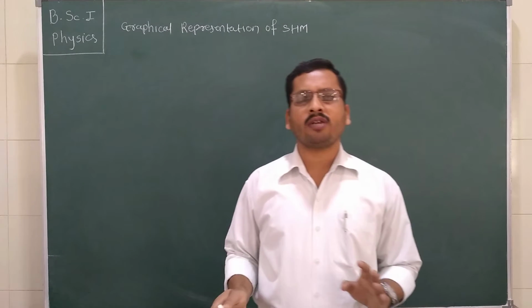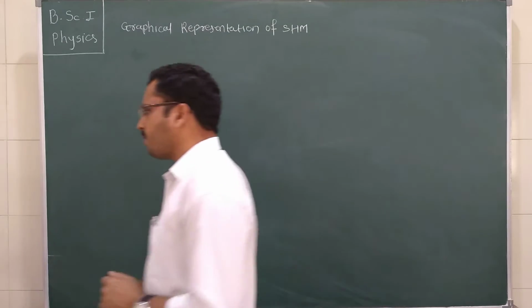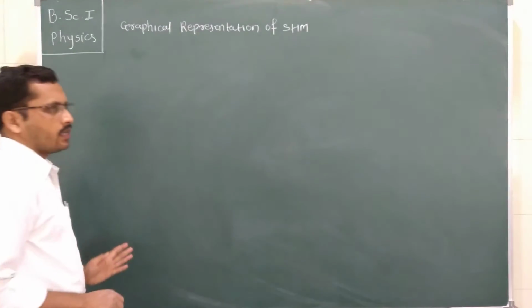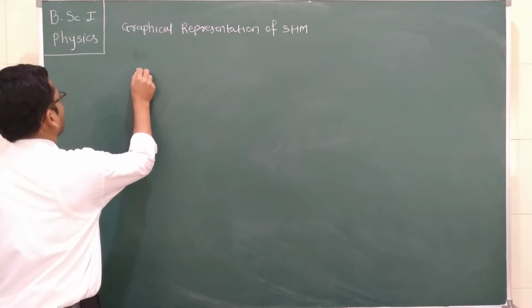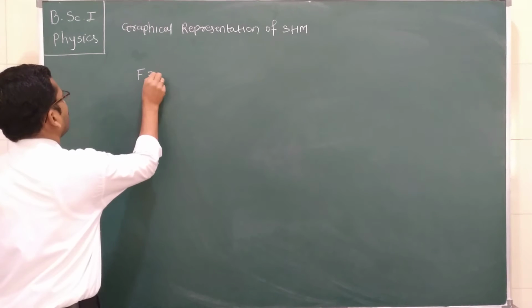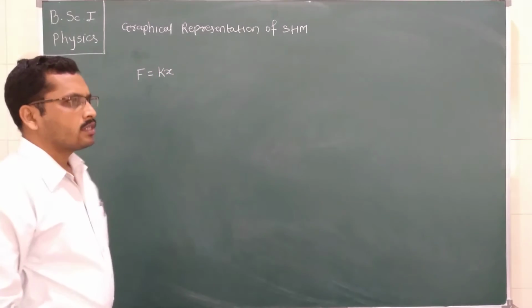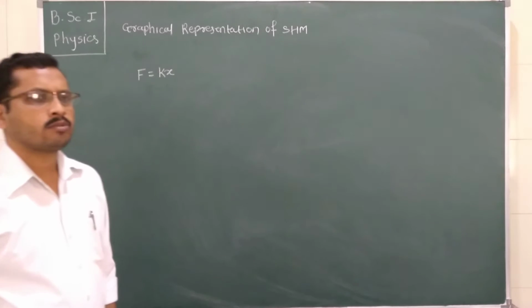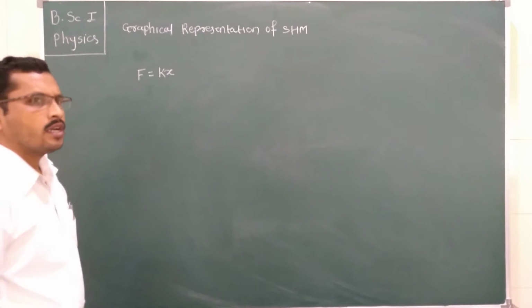So what is the equation for the time period of a simple harmonic motion? We can find it by considering the equation F is equal to Kx. In the spring mass oscillator, the force is directly proportional to the displacement.